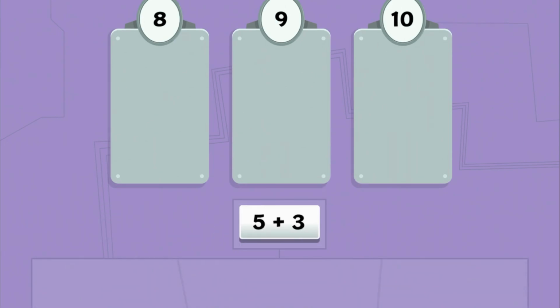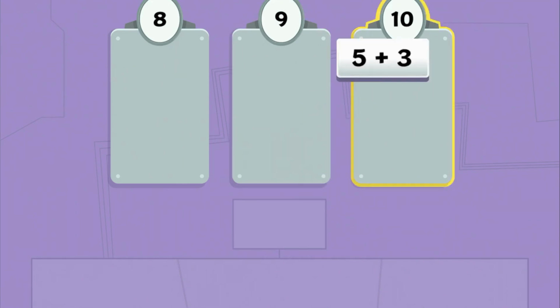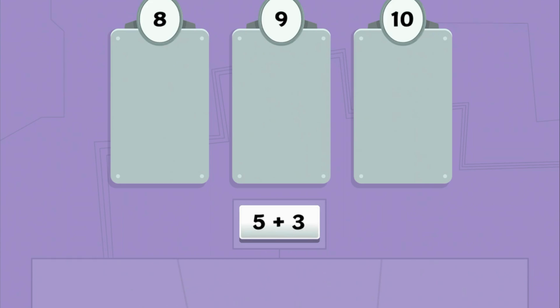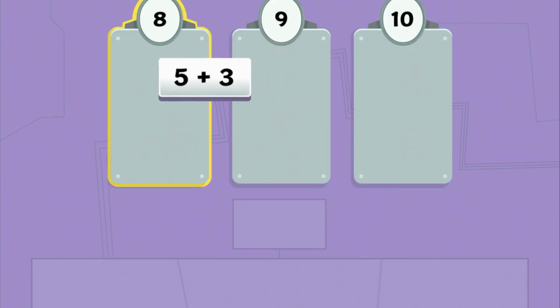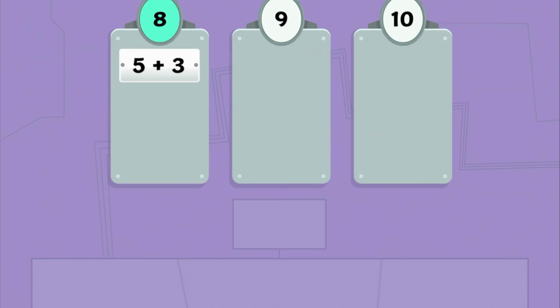What is 5 plus 3? Five plus 3 equals 8. What is 5 plus 5? 5 plus 5 equals 10.